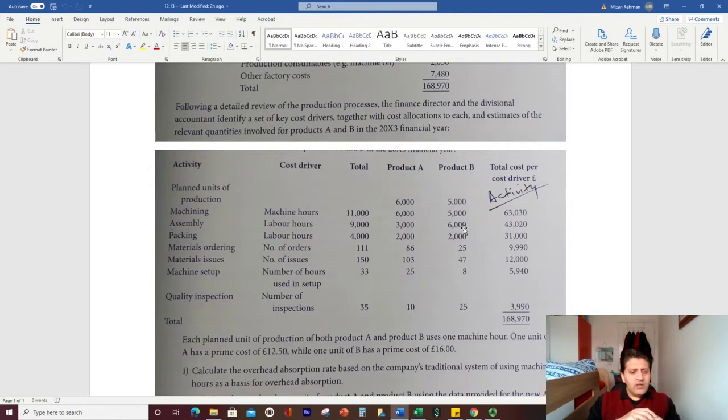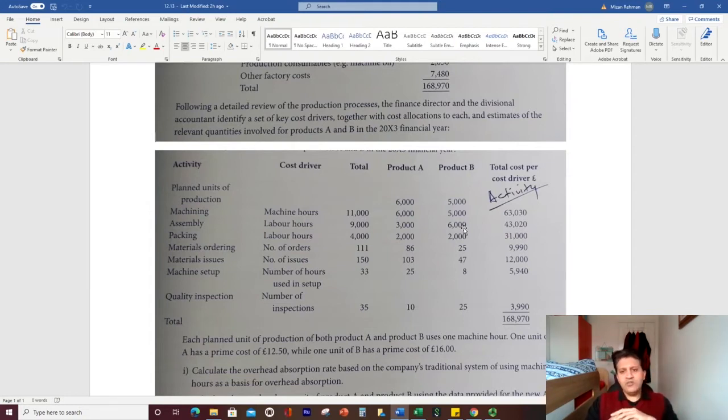They have given their activities first, and then they have given what drives that activity's cost higher, known as cost drivers. We have total, product A and product B, and then total cost per cost pool. It should be activity pool. The book has it wrong.